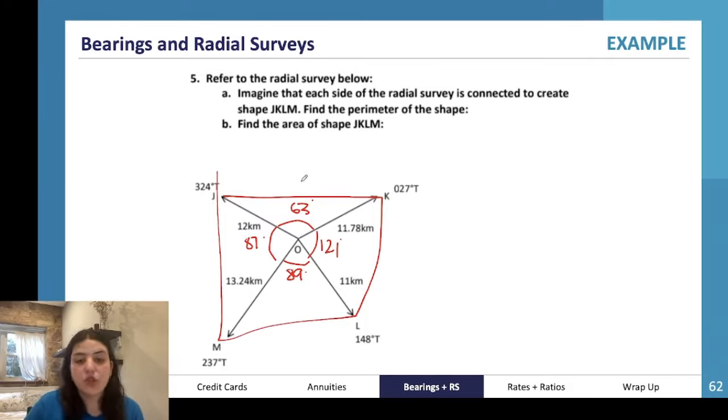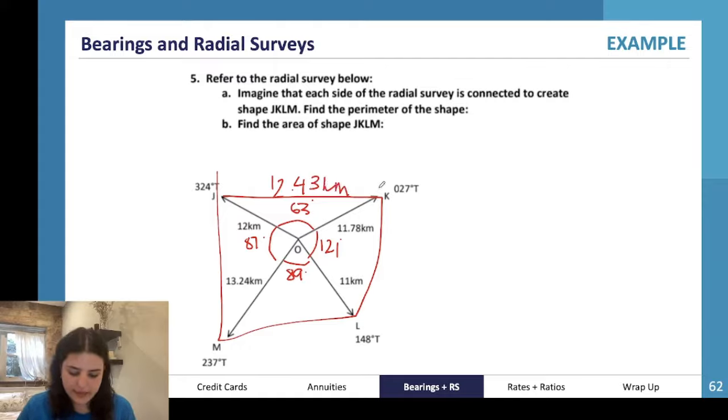So then we need to do the cosine rule to find each of these larger lines. The first one is going to be 12 squared plus 11.78 squared minus 2 times 12 times 11.78 times cos 63. And that, once square rooted, is going to be 12.43 kilometers.